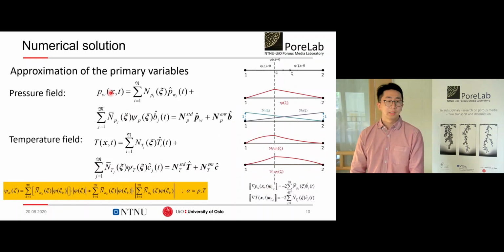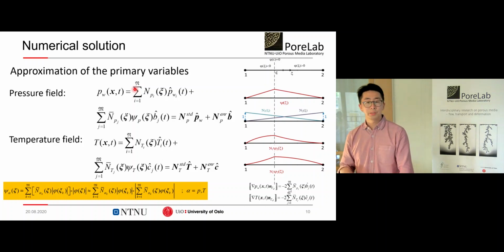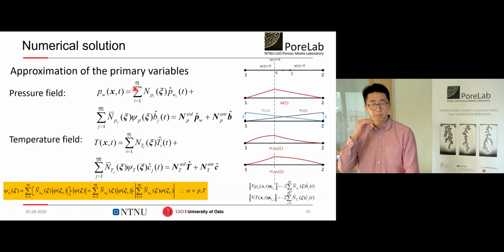Then, the mass transfer and the heat transfer imply that the heat flux and mass flux are discontinuous on the ice lens interface, while the temperature and pressure fields are continuous.